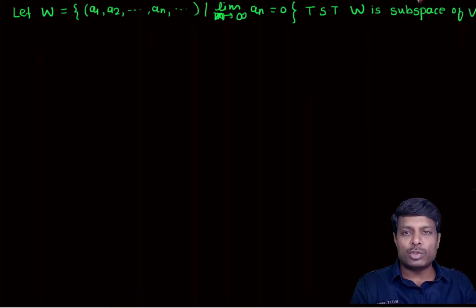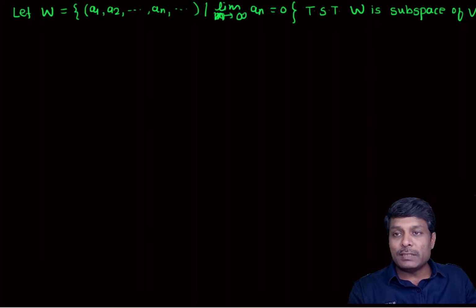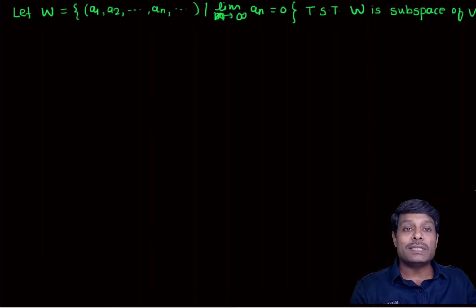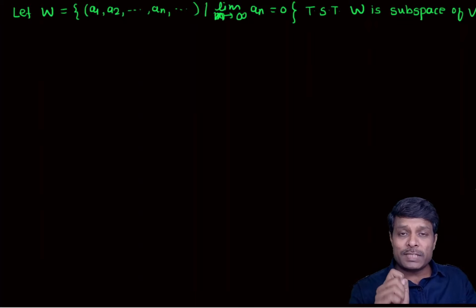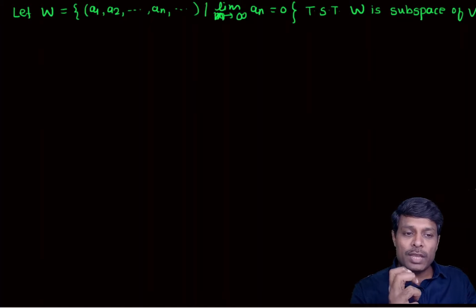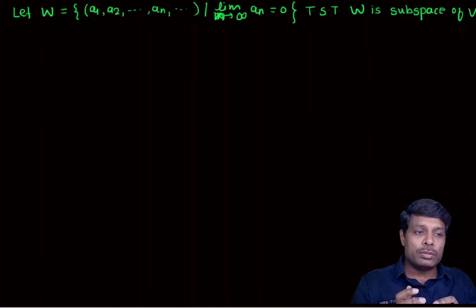And now we only have to check whether it is a subspace or not. So now our target is to show that this W is a subspace. So tell me, to show the subspace, what do we need to declare?